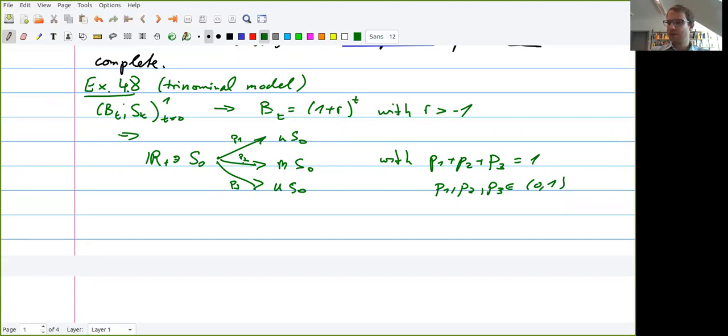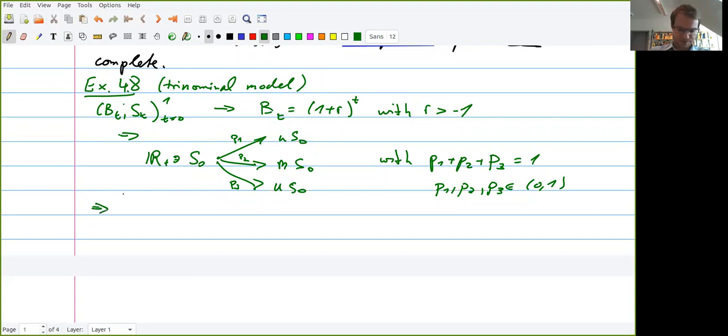And if you want then to replicate the option, if you recall what we have done in the binomial model, we have then 3 equations and 2 unknowns, because we still have only 2 positions, one in the risk-free asset and one in the risky asset. So we have 2 unknowns, 3 equations, which means in general this is not solvable.